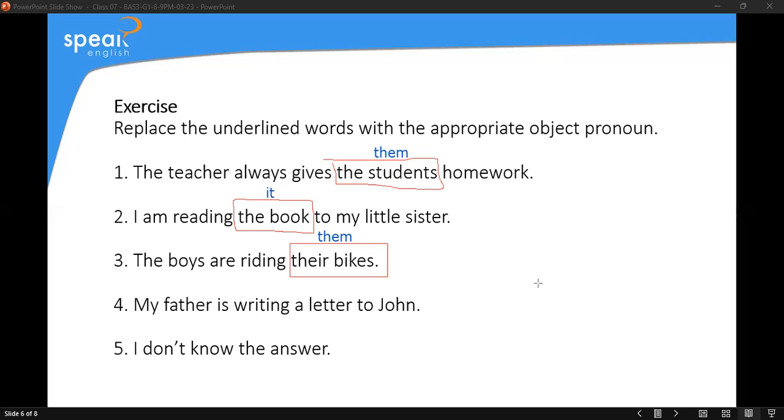What is the word that comes right after writing? The question is for everybody, not only for Mauricio.